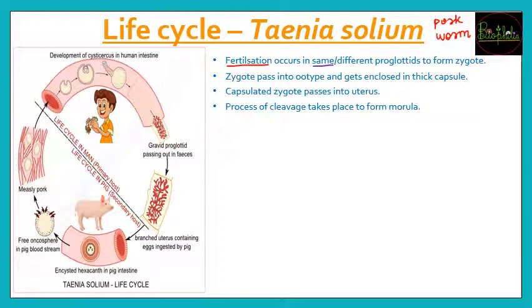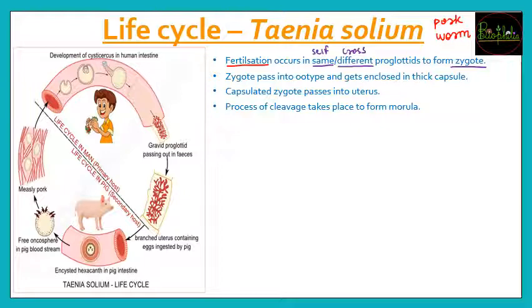organism, where internally the fertilization will occur, that is self fertilization. If different proglottids are involved, that is going to be cross fertilization. So those are the two ways from which the zygote can be formed. Now the zygote is the newborn.